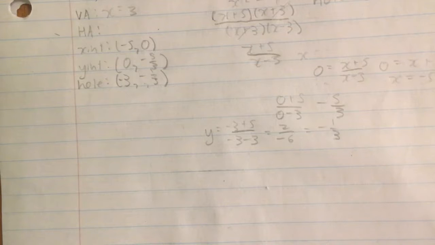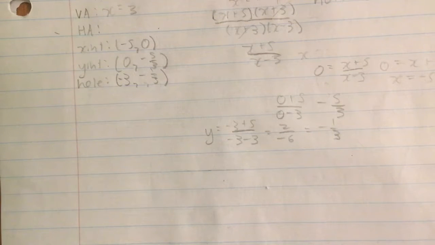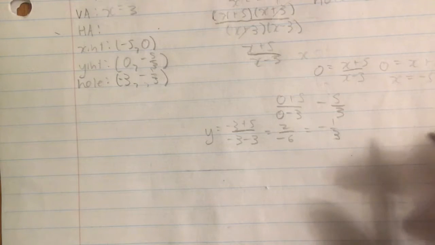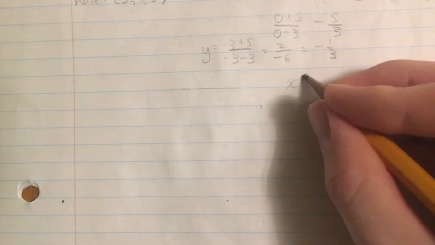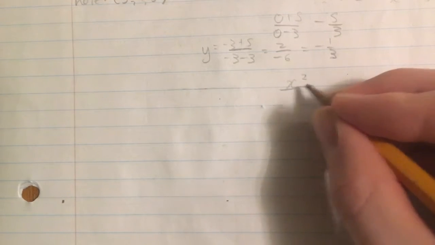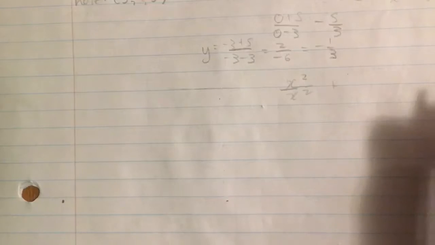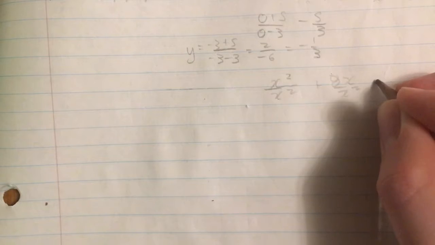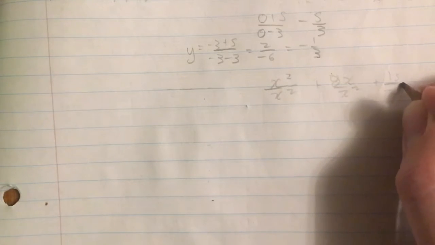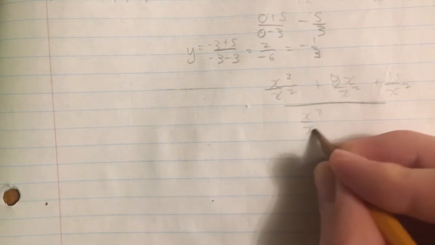So finally we're going to find our horizontal asymptote, and to do that we're just going to divide everything by the highest power of x, which is x squared. So we get x squared over x squared plus 8x over x squared plus 15 over x squared, over x squared over x squared minus 9 over x squared.